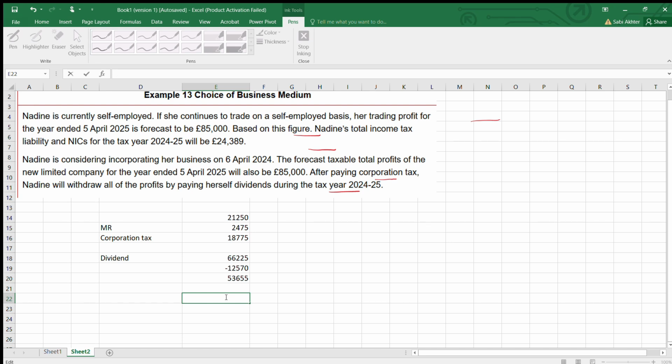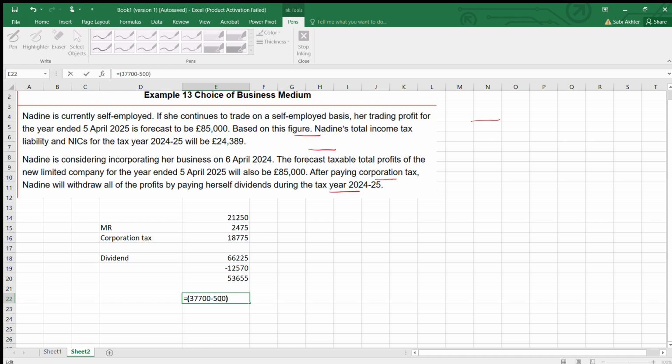First 500 at 0, then the balance. So from here we are going to deduct 500, and the basic rate limit is 37,700 minus 500.